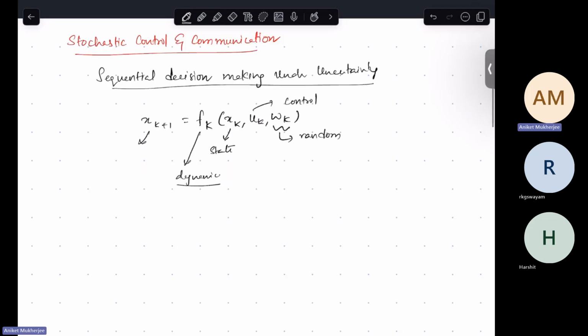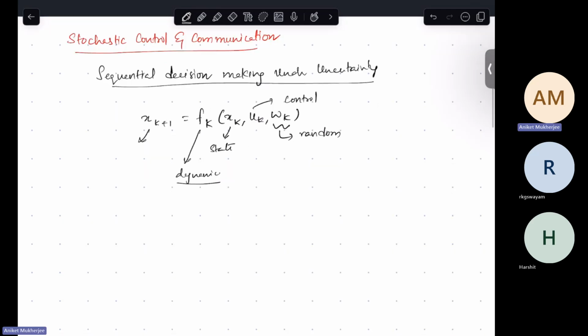Now, given the system dynamics, we were expected to minimize the expected value of the terminal cost and the stage-wise cost you incur because of taking action u_k and going to some state x_k. The stage-wise cost depends on x_k, u_k, and w_k.